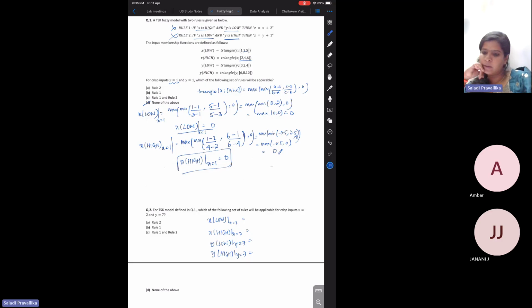Very good, Janani. X low is 0.5. And the other ones? Yes, Amber. X low is 0.5, X high is 0, Y low is 0, Y high is 0.5. Great, awesome.